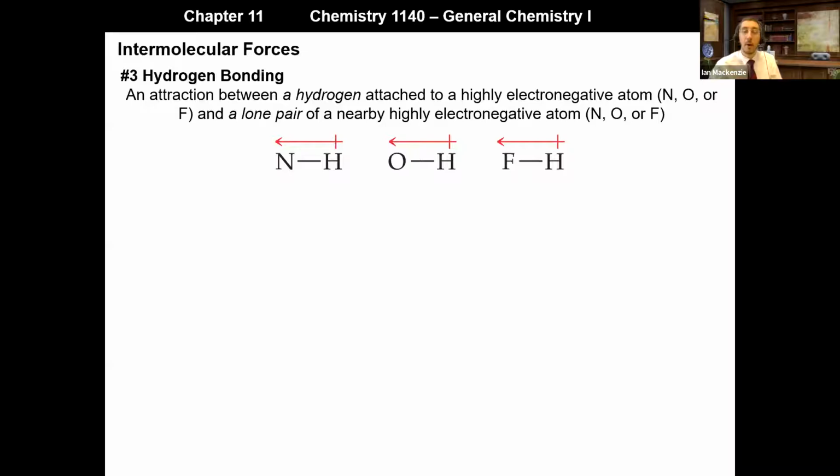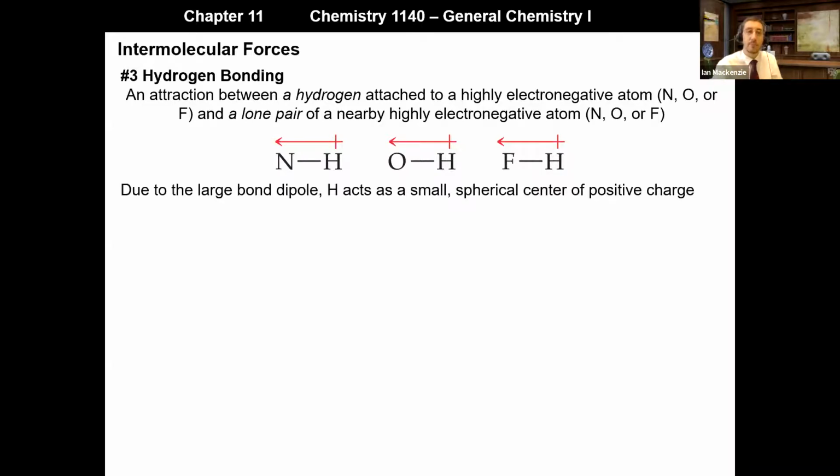This leaves a partial positive charge on the hydrogen, and because hydrogen is the simplest element and has only electrons in the 1s orbital, that leaves a partial positive charge in just a spherical s orbital on the hydrogen. Thus, hydrogen just acts as a small spherical center of positive charge that is a perfect target for any partial negative charges that are present in solution.